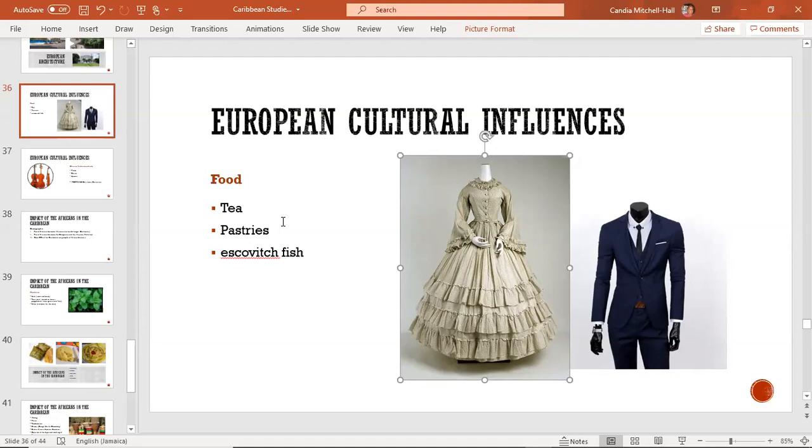That's why patties are popular. But patties are European pastries. Escovitch fish is very European. That way of doing the fish is very European. So we still have that European element to some of our food.